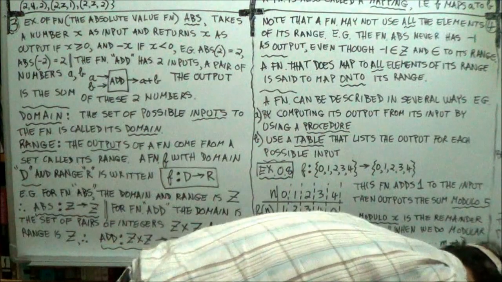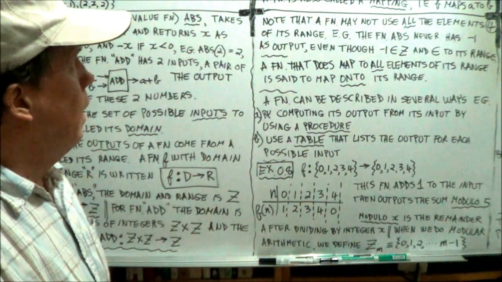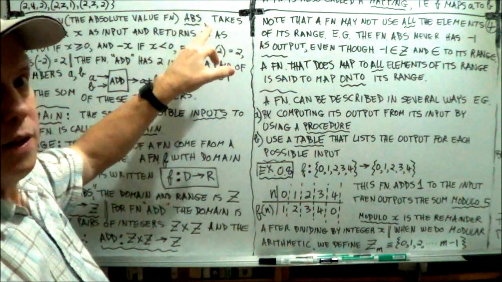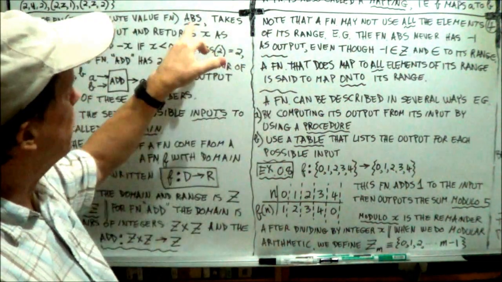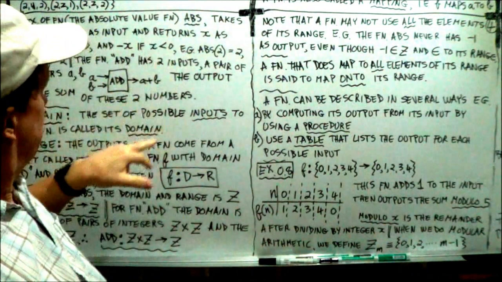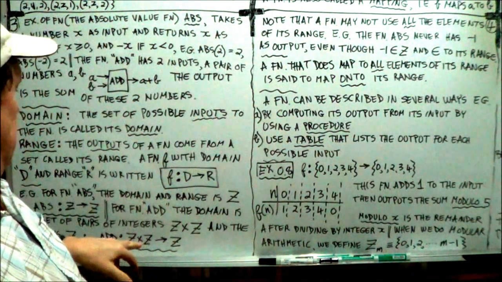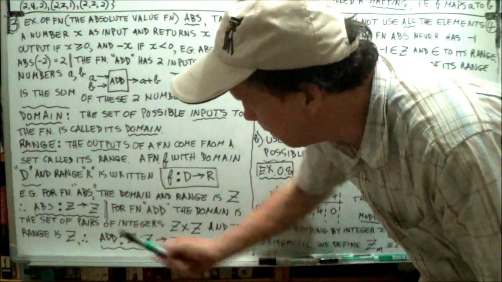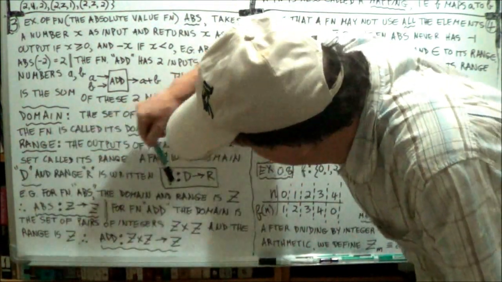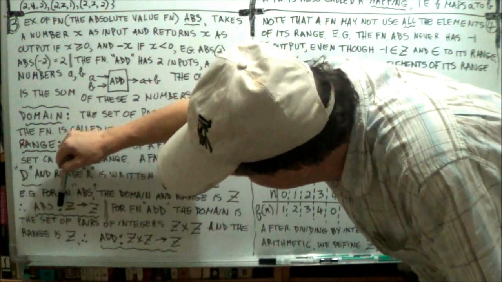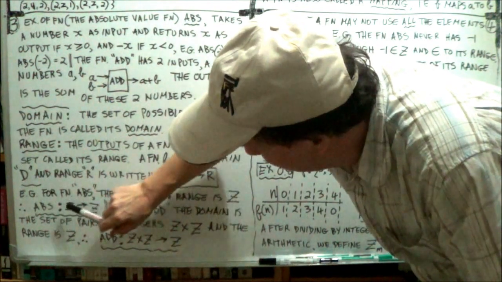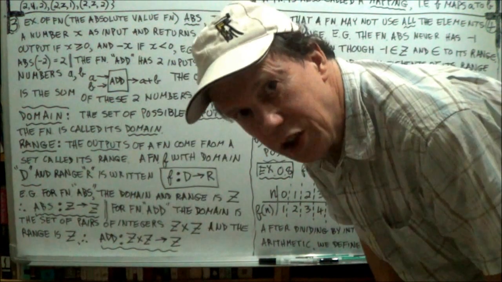Okay, now, in the case of abs, absolute, we wrote this as abs colon Z arrow Z. Now the output values, they were non-negative integers, right?